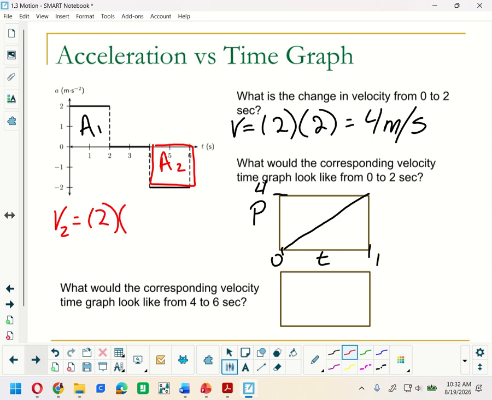What's my height? What's the height of this one? Negative 2. It's going to be right here, isn't it? Yeah. So it's negative 2. So my velocity here is going to be negative 4 meters per second.